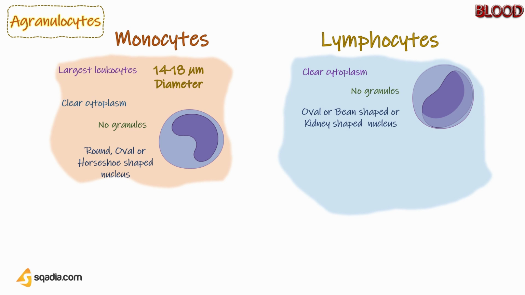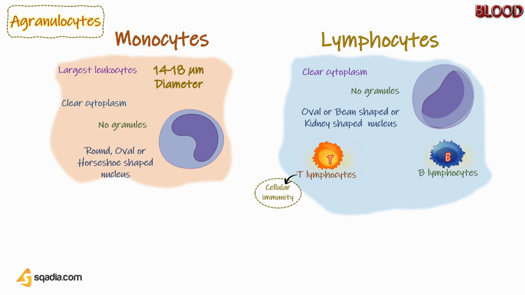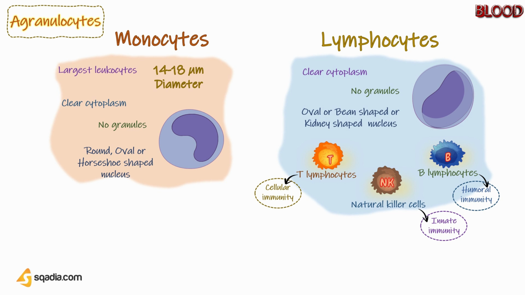Nucleus is oval, bean-shaped, or kidney-shaped. Depending upon the function, lymphocytes are divided into T lymphocytes, cells concerned with cellular immunity; B lymphocytes, cells concerned with humoral immunity; and natural killer cells involved in innate immunity.